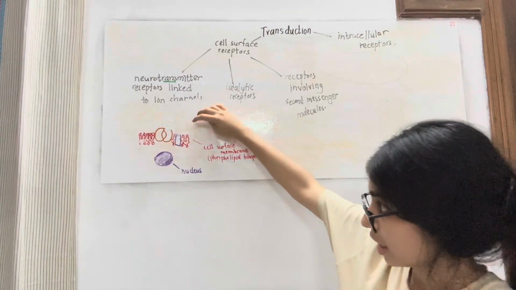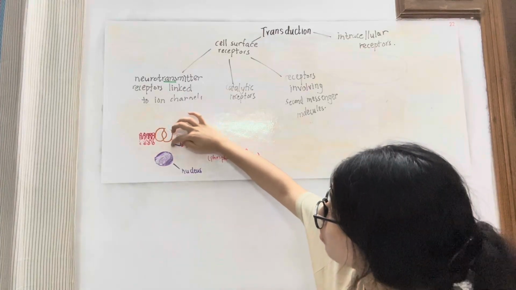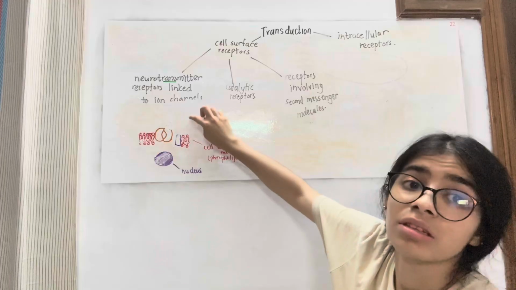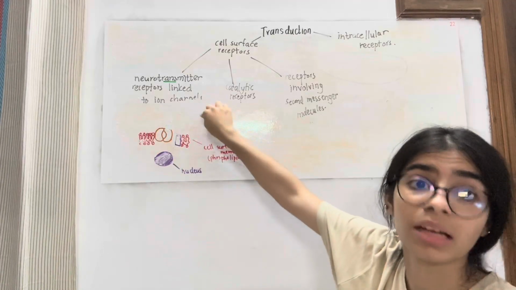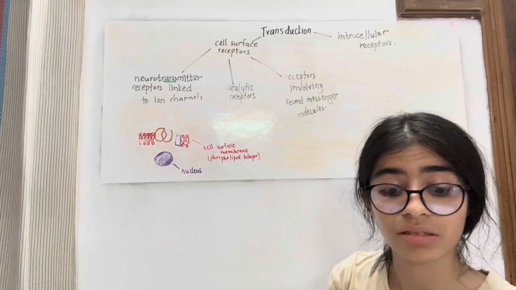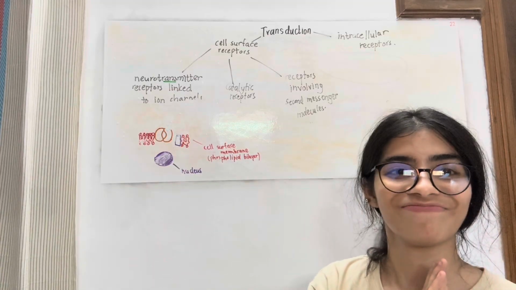Upon that, this thing comes all the way here, attaches itself to this, and it changes shape. So this box will be called a second messenger. Get it? I think that was a really bad explanation, but we just gotta fake it till we make it.